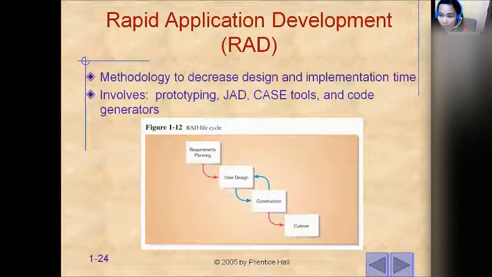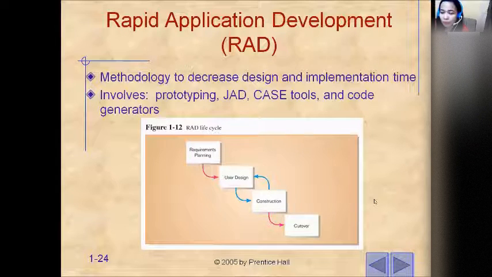Next, we have RAD, or Rapid Application Development. It is a methodology to decrease design and implementation time, and involves prototyping, JAD, CASE tools, and a code generator. Meaning to say, RAD is a mixture of JAD, prototyping, and CASE.